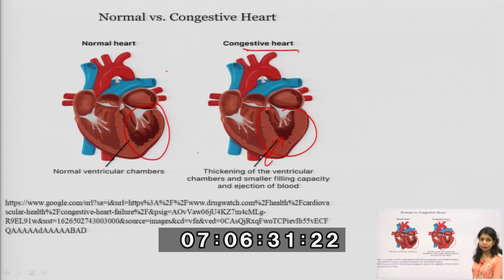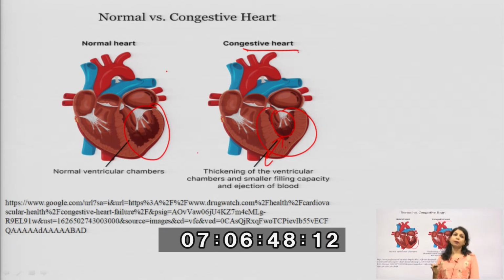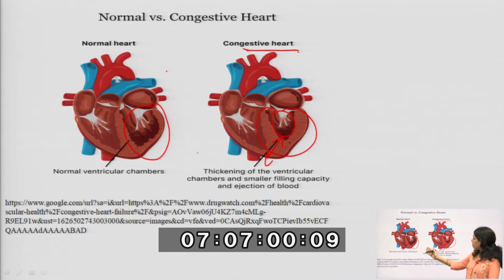When the ventricular walls are thickened, the filling capacity decreases. When the filling capacity of the ventricles decreases, the heart is not able to eject out proper blood. So when blood is not ejected out to the body, the demand of the body is not sufficiently supplied.